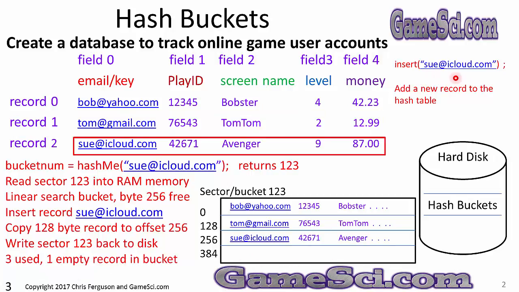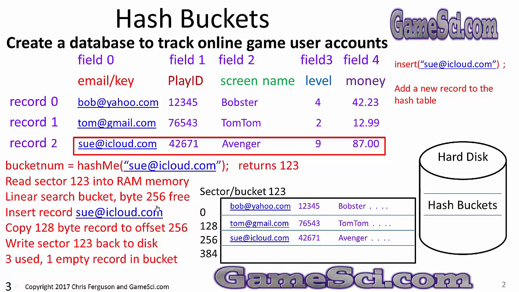Let's insert sue@icloud.com. Let's add a new record to our hash table. There it is in the red box. We want to insert Sue into a database, into a hash table bucket. We'll call bucket number equals hash me, pass it the key sue@icloud.com. And once again, it returns 123. Insert Sue into sector or bucket number 123. We'll read sector 123 into RAM memory. There's the data that's stored on the hard drive.